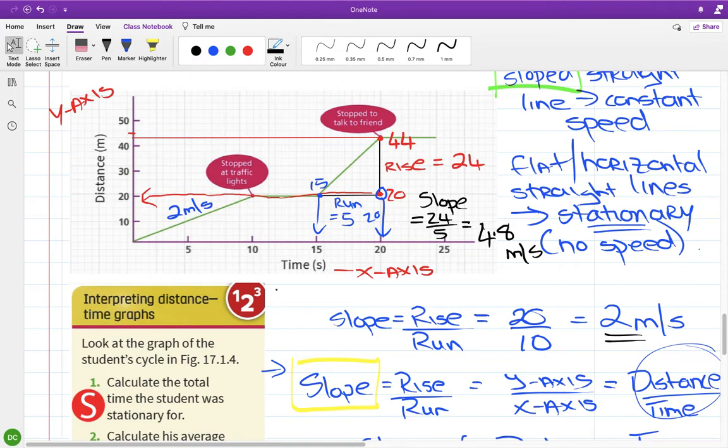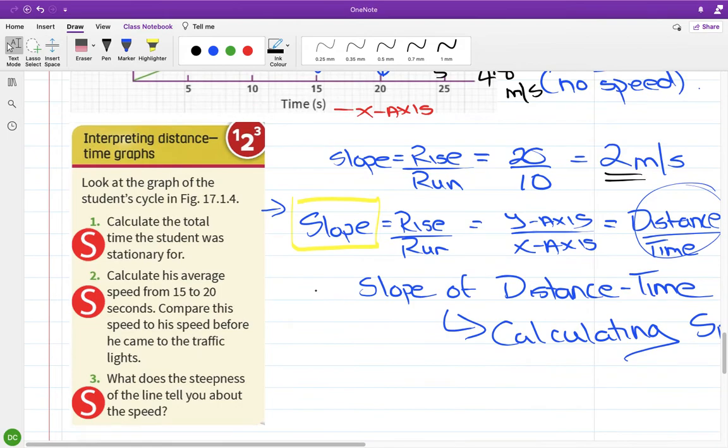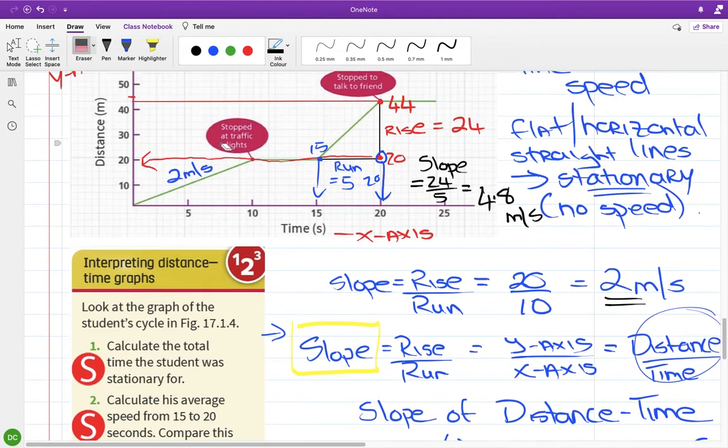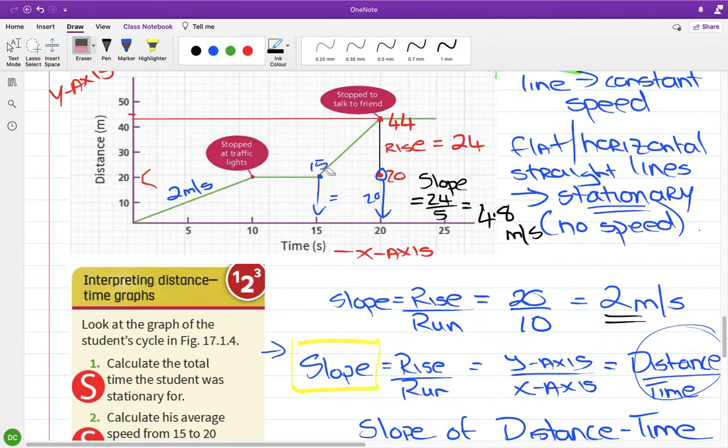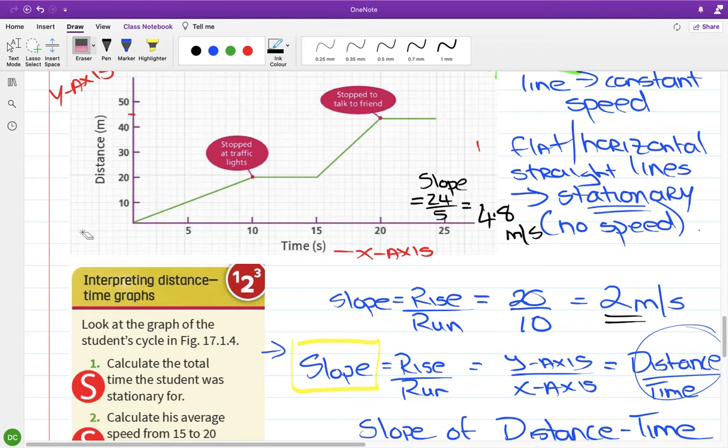Okay, so lots and lots there. There are questions here, so we'll have a quick look at these because why not? So let me just tidy up the graph again. Okay. Calculate the total time the student was stationary for. So remember I said stationary was during these flat lines.